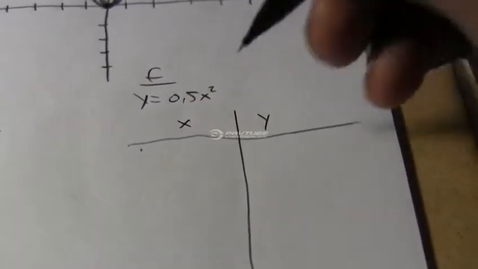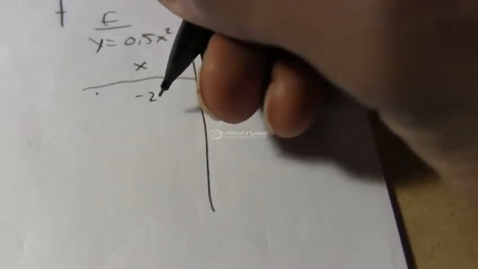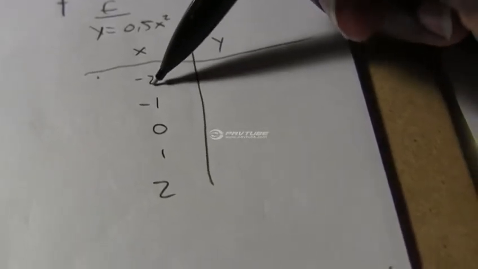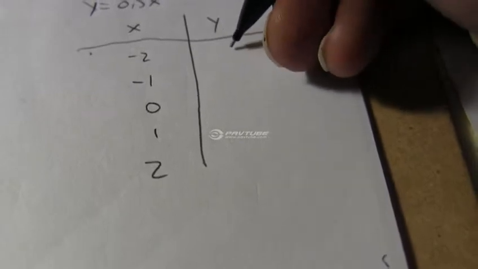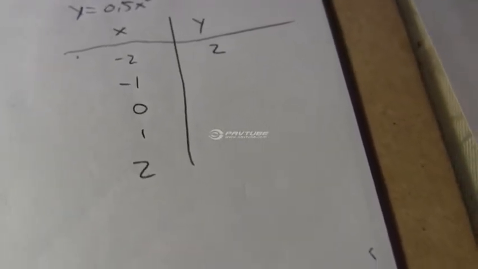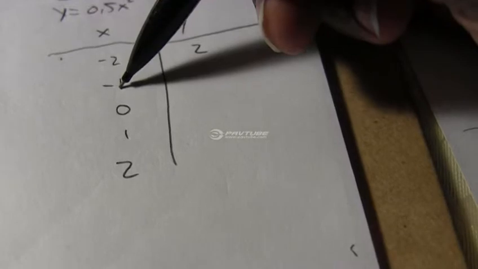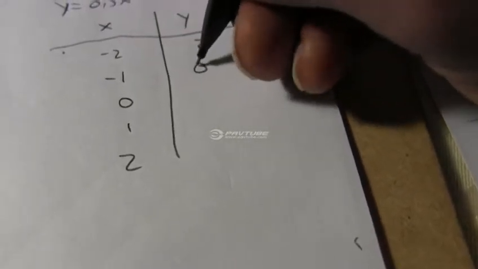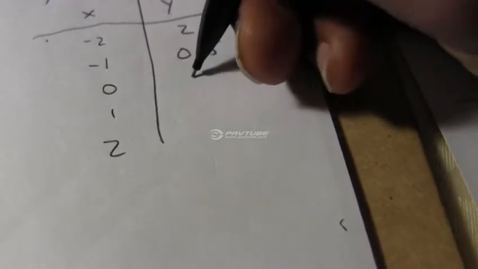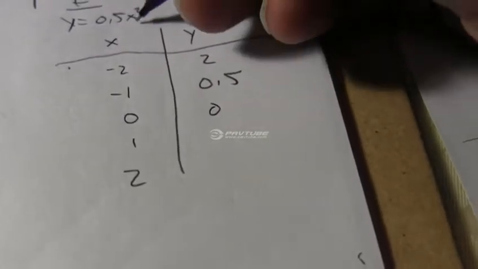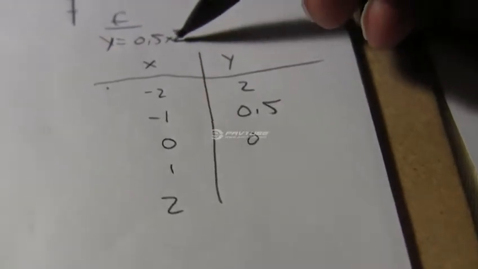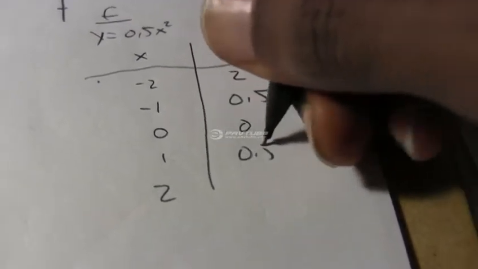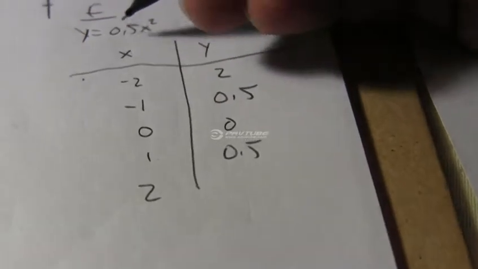We'll do our table. And then we will say -2, -1, 0, 1, 2. -2 squared is 4 times 0.5 is 2. -1 squared is 1 times 0.5 is 0.5. 0 is 0, easy one. 0 squared times 0.5. 1 squared is 1 times 0.5 is 0.5. 2 squared is 4 times 0.5 is 2.